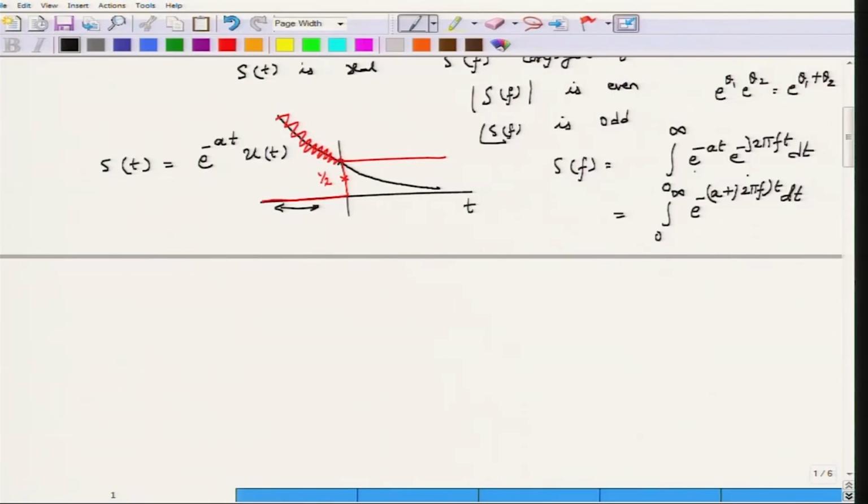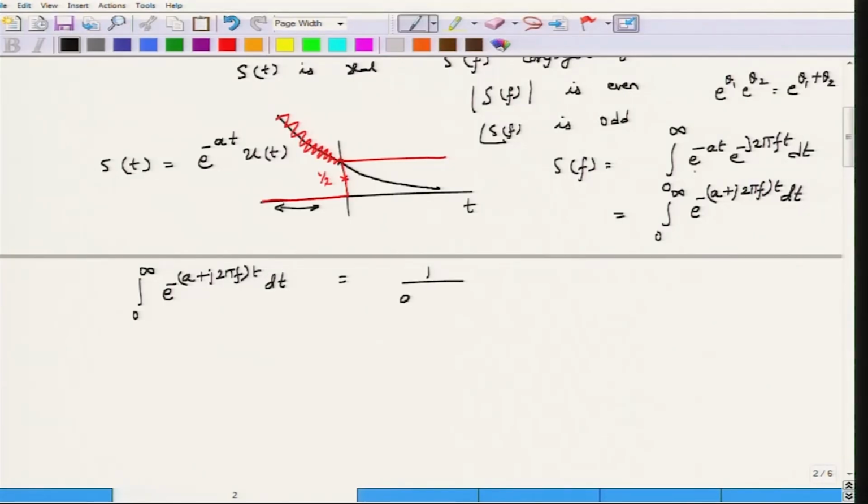Carry out the integration. I know the integration from 0 to infinity of e to the power minus (a plus j 2 pi f) t dt is nothing but 1 by (a plus j 2 pi f) times e to the power minus (a plus j 2 pi f) t within 0 to infinity.